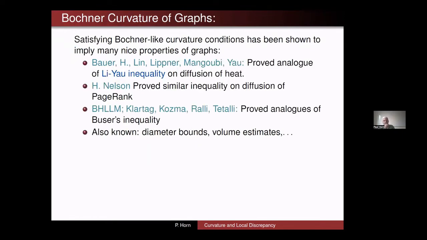And actually, satisfying Bochner-like conditions has been shown to imply many nice properties of graphs. So with Frank Bauer, Yang Lin, Gabor Lippner, Dan Mangoubi, and S.-T. Yau, a few years ago, we proved an analog of the Li-Yau inequality for the diffusion of heat.